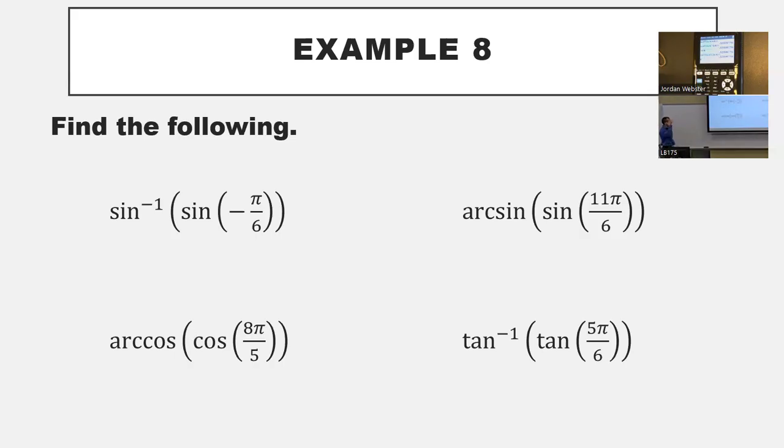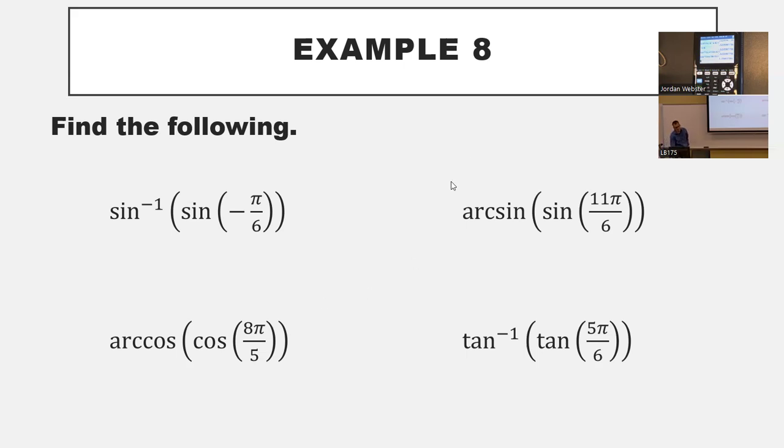Now, you're not always going to end up with coterminal angles. Like on this next one, where it says arc cosine of cosine of 8 pi over 5. 8 pi over 5 is more than pi. So if I put this into my calculator, I'm going to get out 1.2566 and so on.